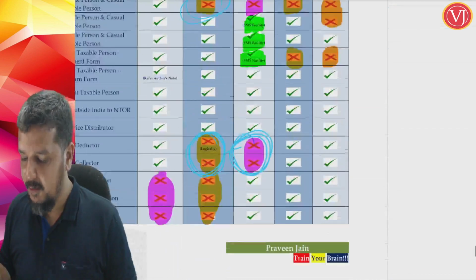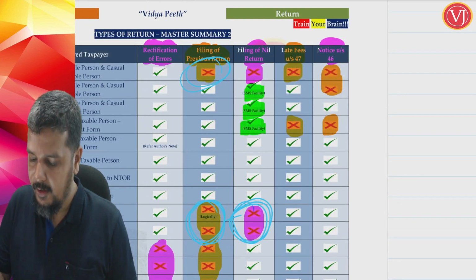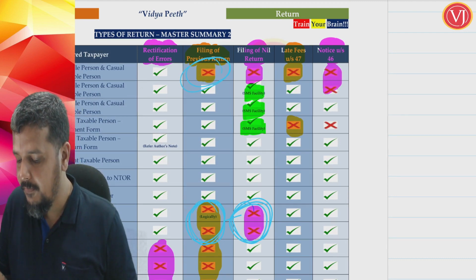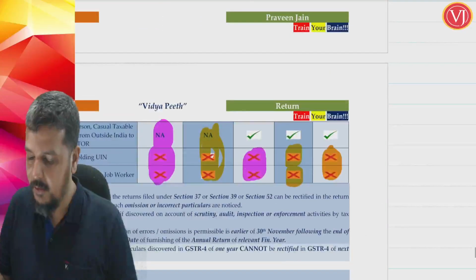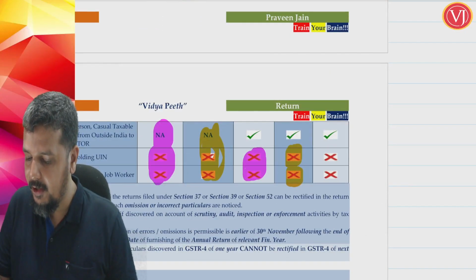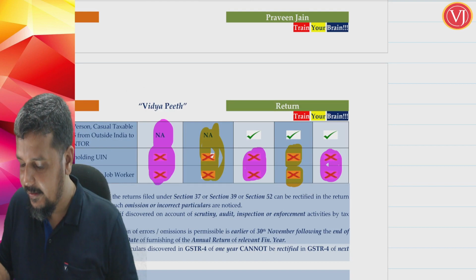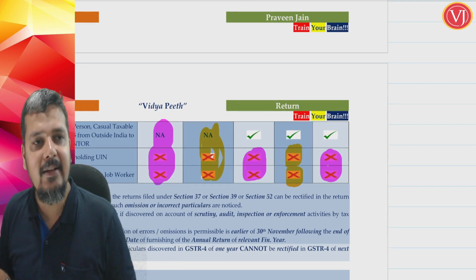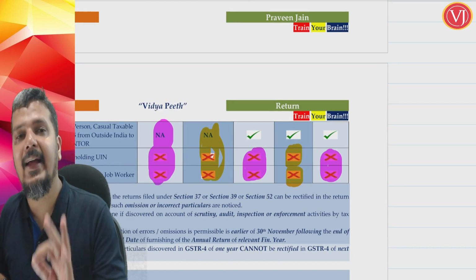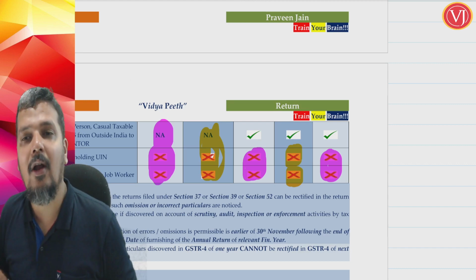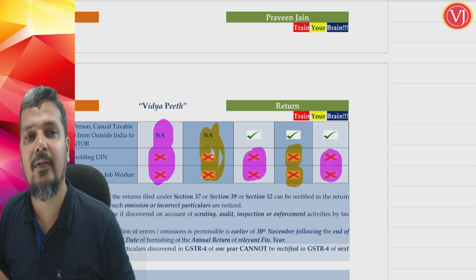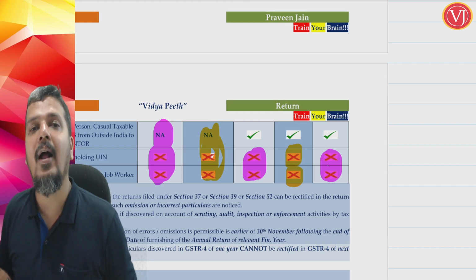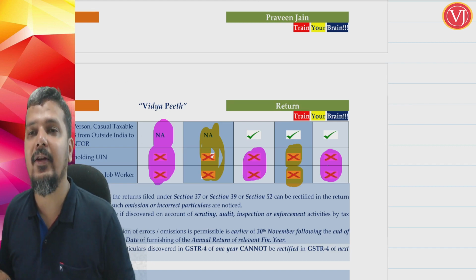So even if you have not filed your IFF or GSTR 1, CMP 08, GSTR 11 or ITC 04, you will not get any notice. All the other returns, if you have not filed, you will get a notice.